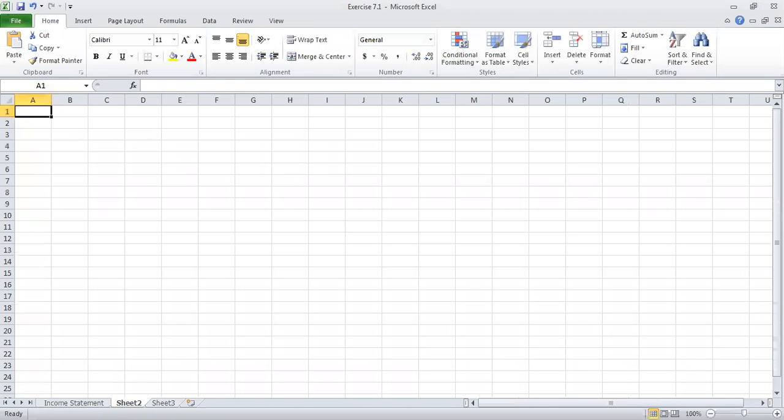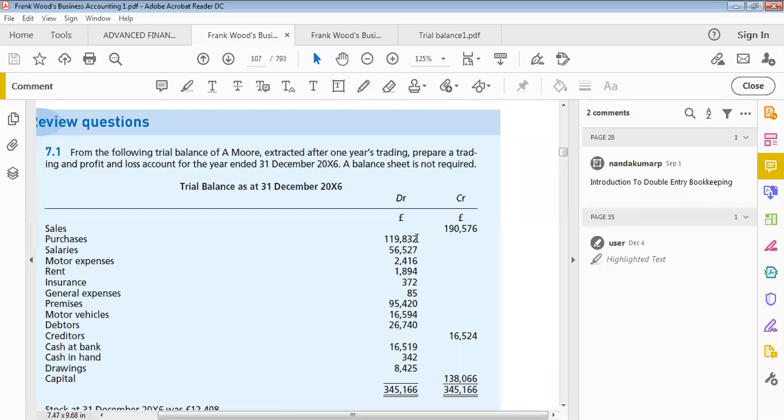And then we're going to do our balance sheet now. So we go back to the question sheet for 7.1 and check what we have here. We're going to do the balance sheet for 7.1.